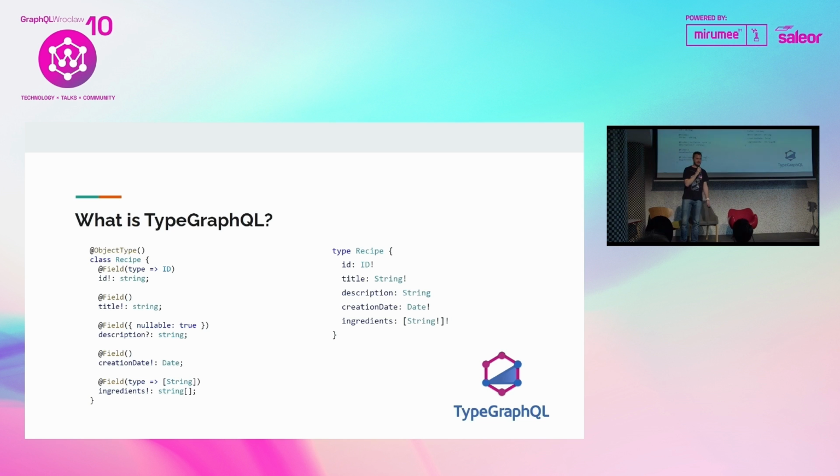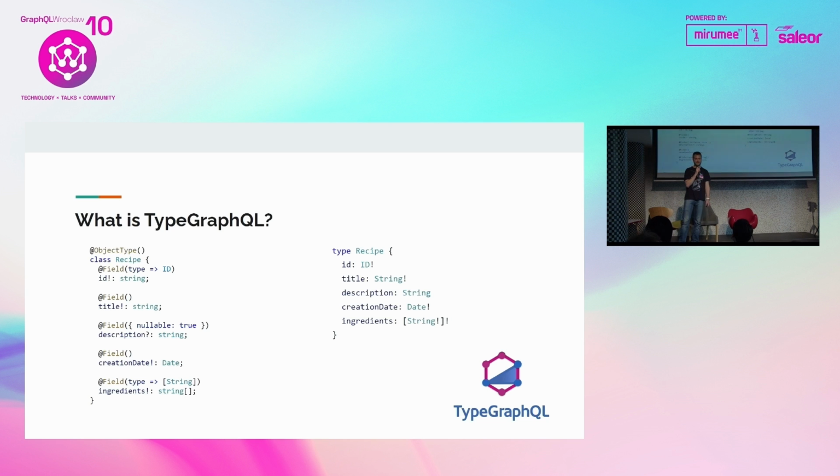So TypeGraphQL is using the same approach for the indirect generating of the GraphQL schemas. So we have normal TypeScript classes, but with TypeScript decorators on top of that to inform that the class is the object type or input type. Also the different names of the fields.